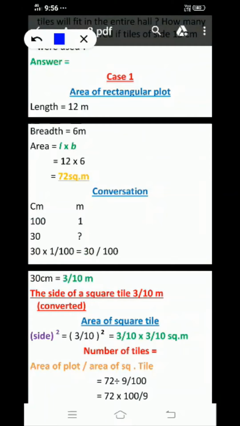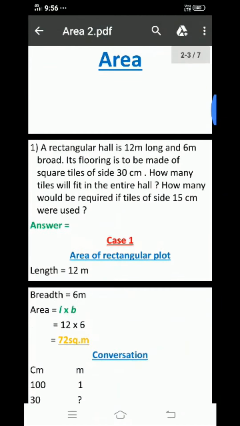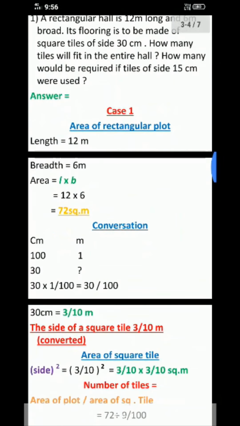Now here we have to do the conversion, because they have mentioned that the side of the square is 30 centimeter, so you have to convert it into meter. 1 meter is equal to 100 centimeter, and if you want to convert centimeter into meter, you have to divide the number by 100.